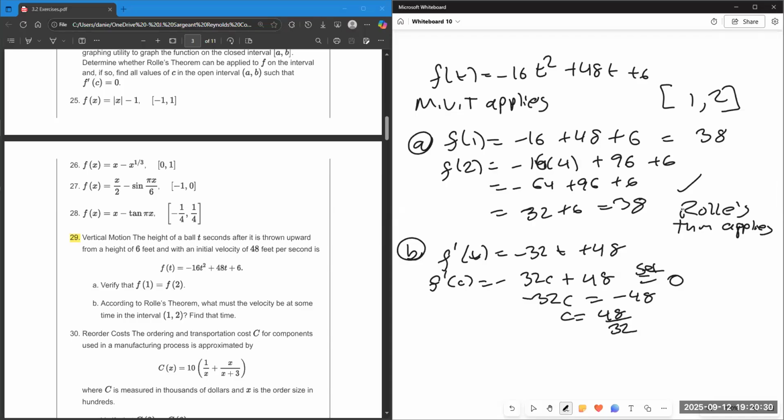Both of those are divisible by 16. 16 times 3 is 48, and 16 times 2 is 32. So you can call it 3/2 of a second, or 1 5/10 seconds, or 1.5 seconds. I don't care, whichever format is correct for the instructions you're given. I like improper fractions usually the best, so I'll leave it as 3/2.